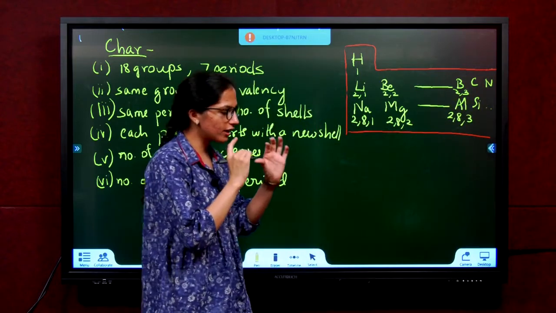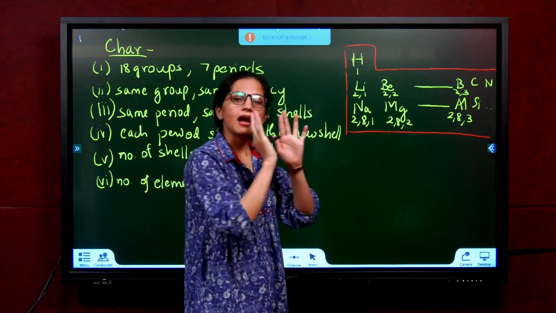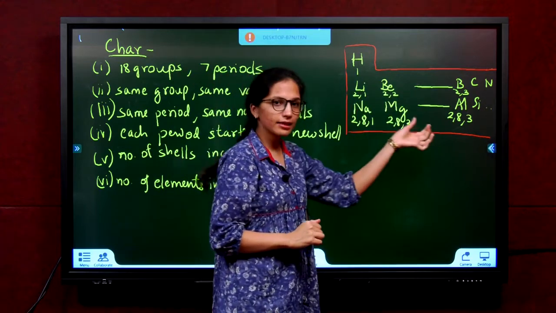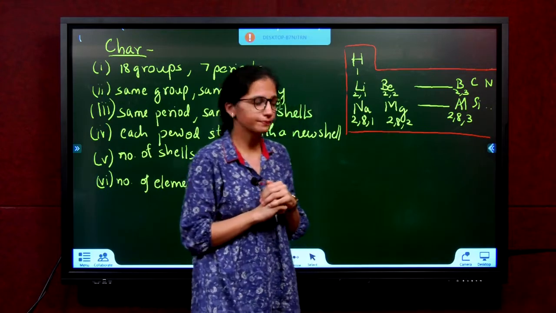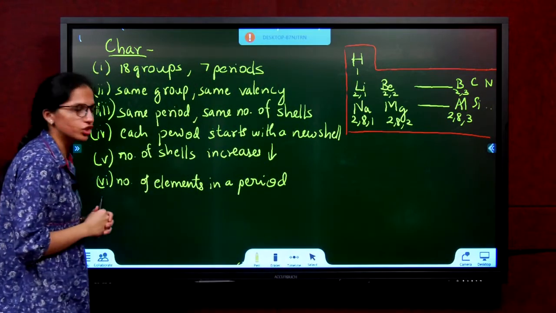So if you travel along the period, the number of shells occupied are the same. Here also 2, 2, 2, 3, 3, 3, 4, 4, 4. Full row will have only 4 shells. So same period, same number of shells.